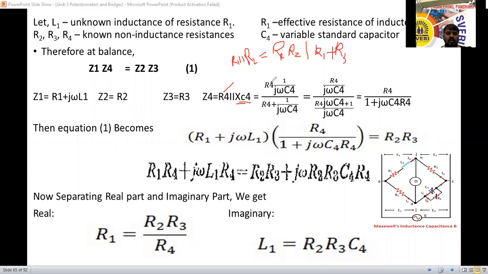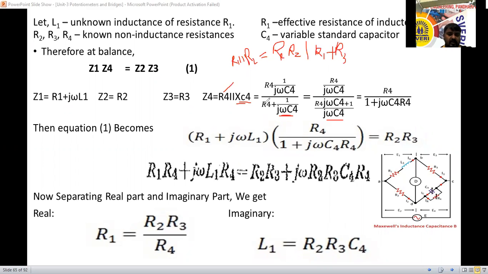Now what you do here, R4 divided by J omega C4 you write down here now. From this term here the LCM is J omega C4. LCM I will write as it is here now.